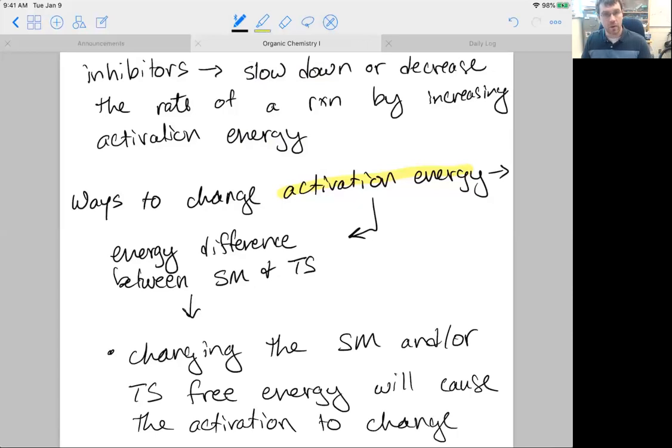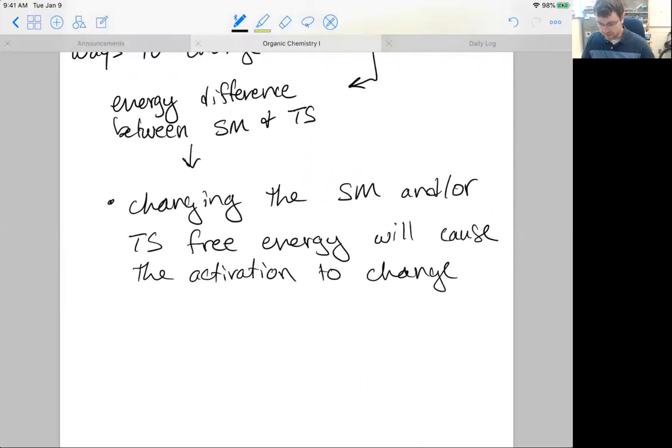Okay, so a way to change the activation energy is to change the free energy of the transition state or the starting material.